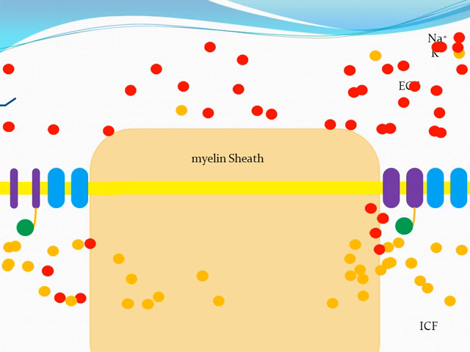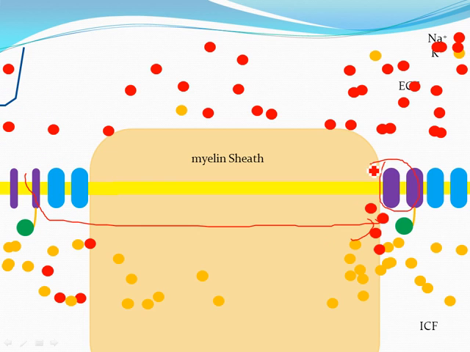And then once they come in, it gets to positive 35, like you said. And then at positive 35, the inactivation gate closes it up, not allowing any more sodium to come in. And at this point, potassium voltage-gated channels are fully open, right? They were opening before, but now they're fully open. But notice how before when they come in, a lot of them were able to just skip through this myelin sheath and come all the way to this voltage-gated channel over here.